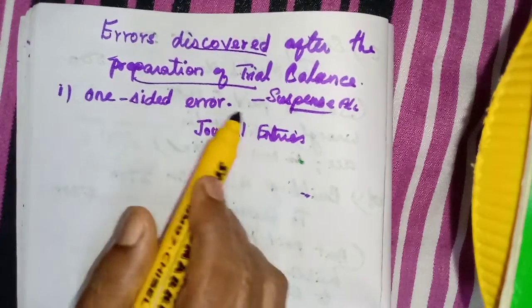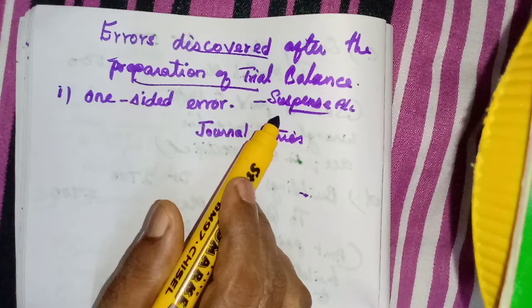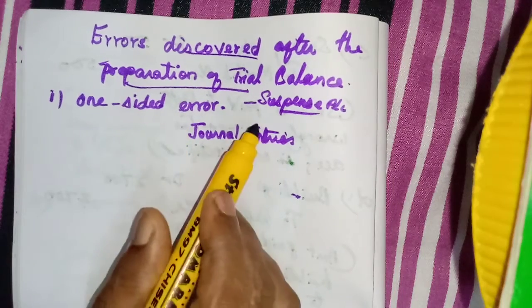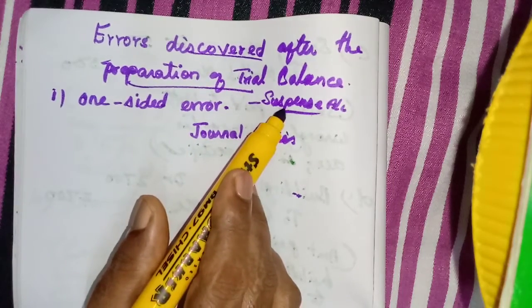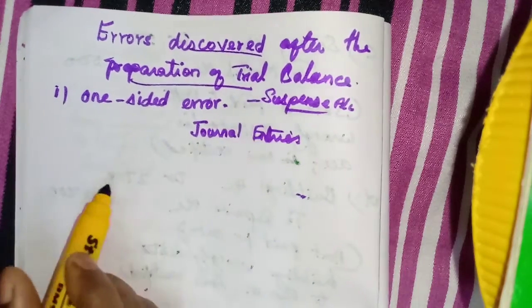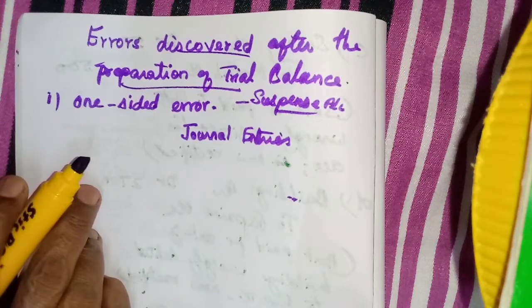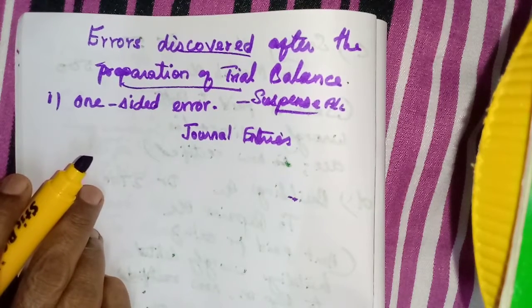Here only one account will be affected. What is the other account we have to debit or credit? If we credit one account, we have to debit the suspense account, and if we debit this account, we have to credit the suspense account. Okay, so we will see the exercise.